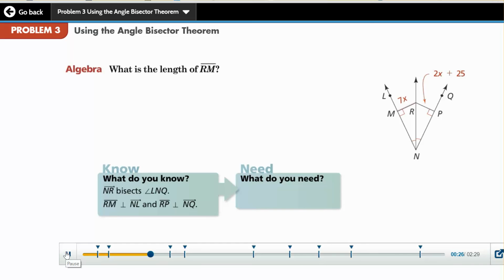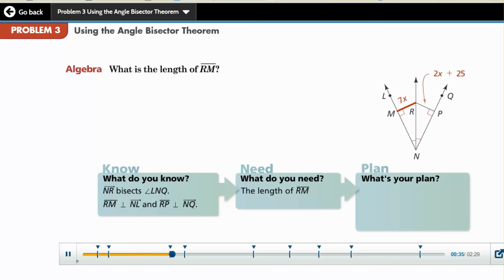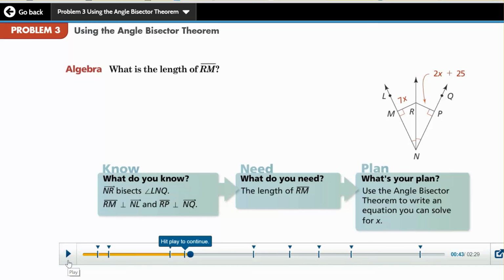What do you need? You need to find the length of segment RM. What's your plan? Use the angle bisector theorem to write an equation you can solve for x.